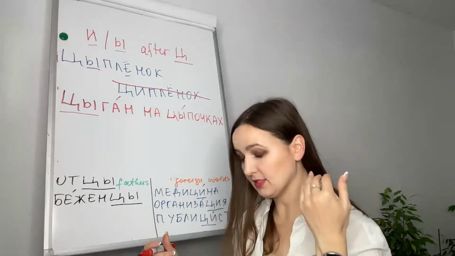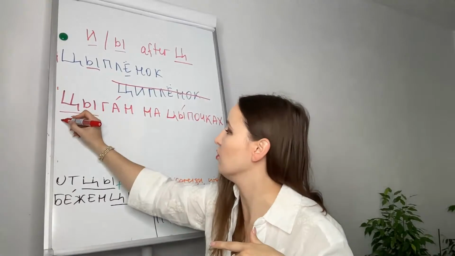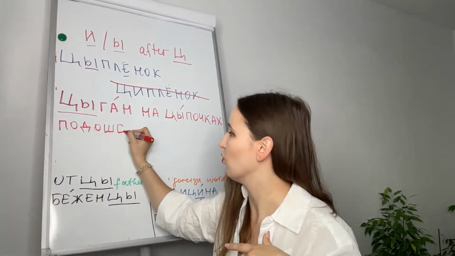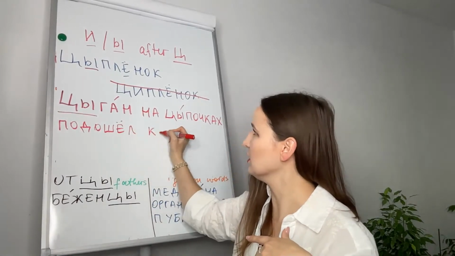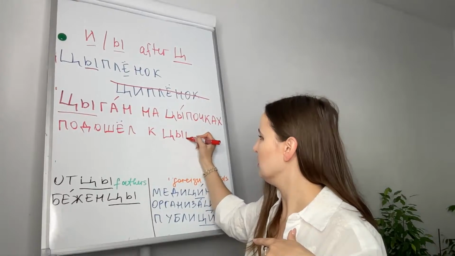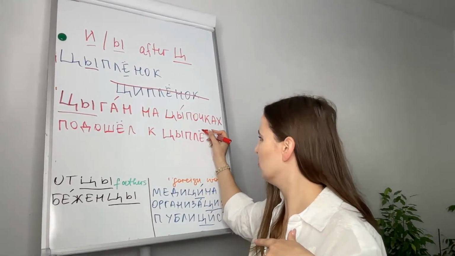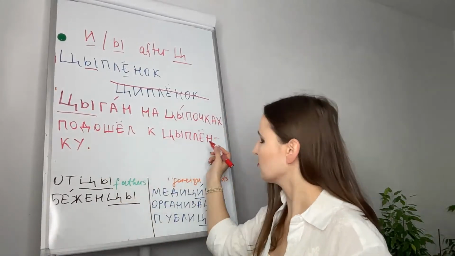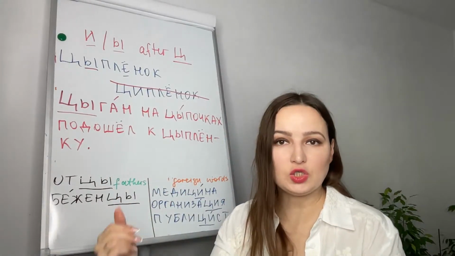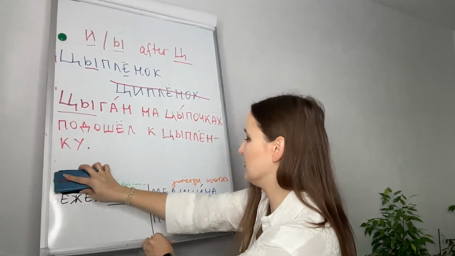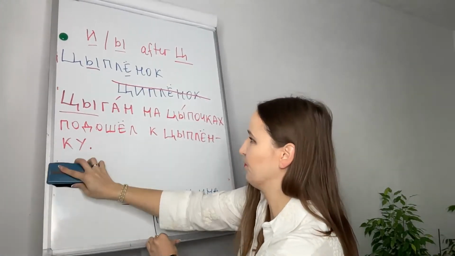So, цыган на цыпочках подошел к цыпленку. In school, we learn this phrase to memorize these words that are exceptions.